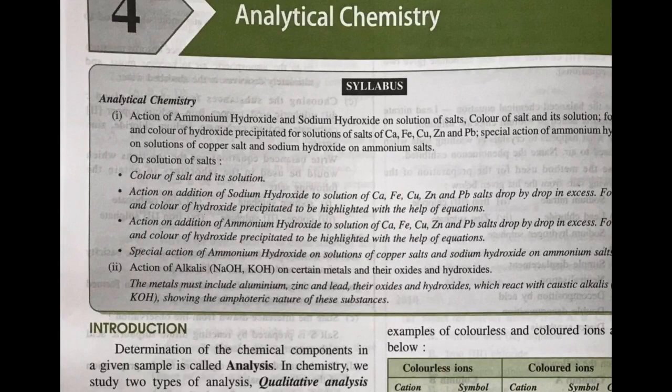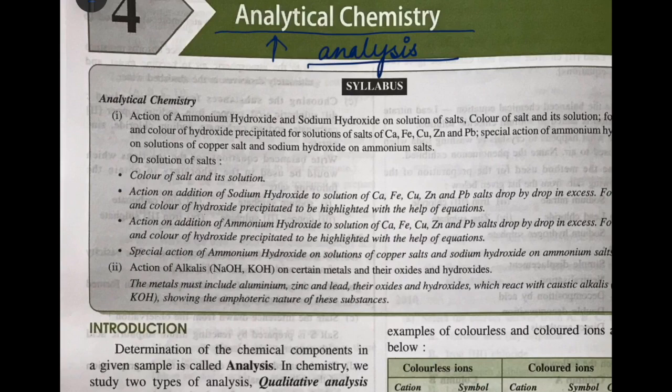To continue with chemistry, today we are going to start a new chapter, Analytical Chemistry. Now, analytical comes from the word analysis. Okay, and you know the meaning of analysis, that is, you analyze, you see what it is made up of.